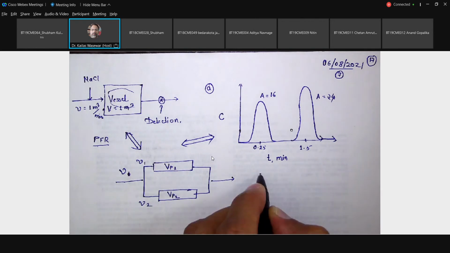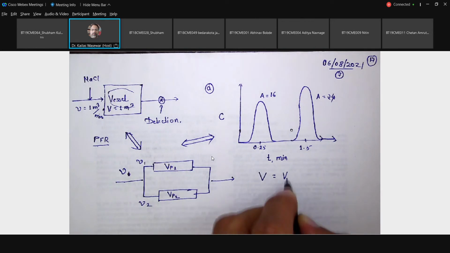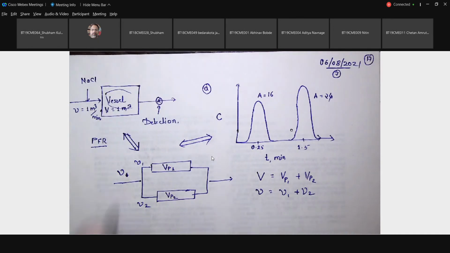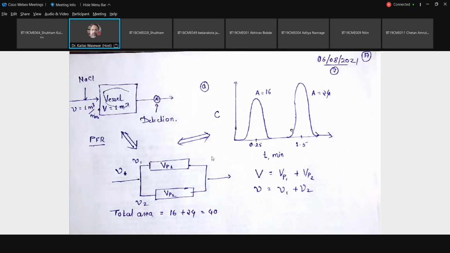So V total will be VP1 plus VP2, and the volumetric flow rate will be... now the area under the curve is given, is it? So the total area will be what? (16 plus 24), is it? That means it is around 40.